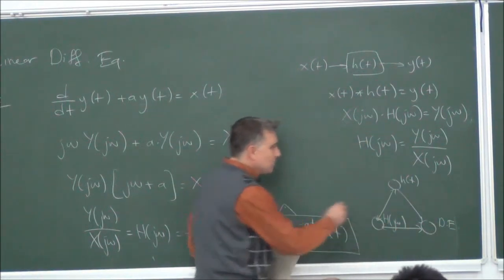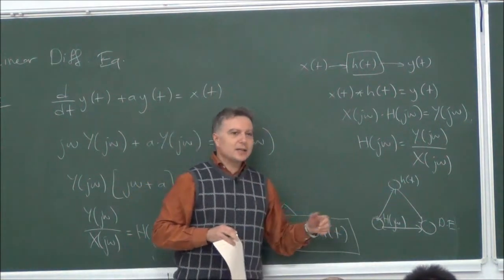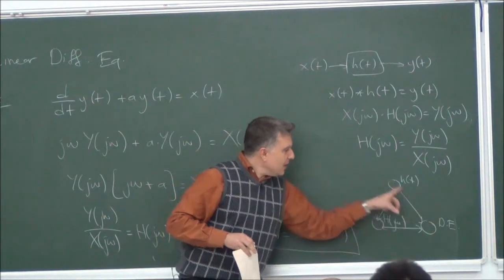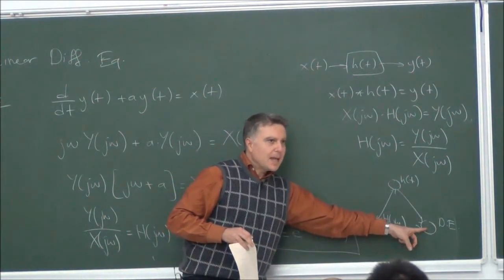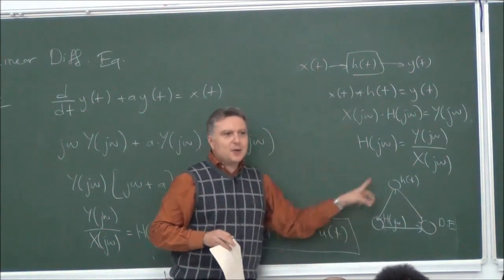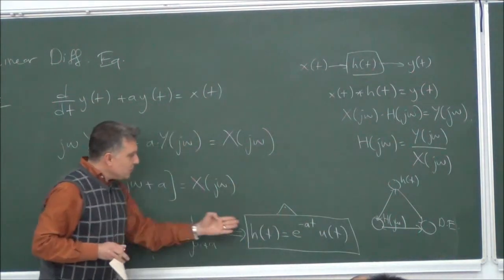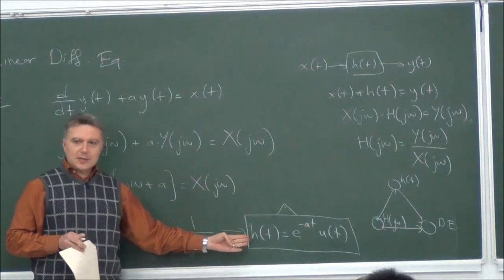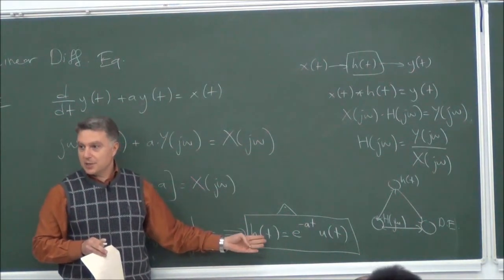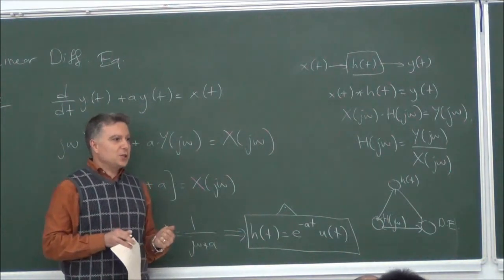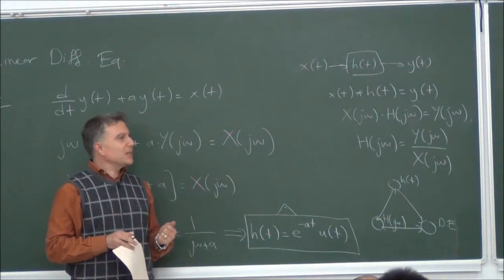And I can give you any of these things. I can ask you a question which gives you the expression in any of these, and I can ask you for any of the others. For example, I can give you this: the impulse response is this, I will say in the examination. And I will ask you, what is the differential equation which describes the input-output relation?